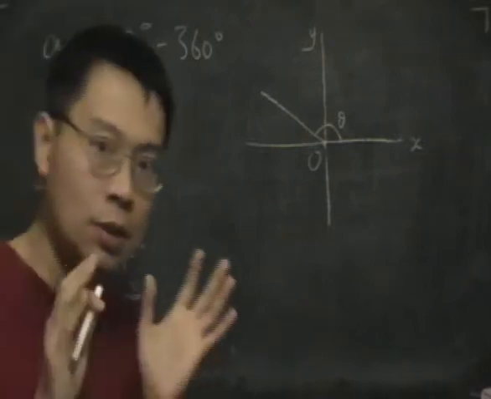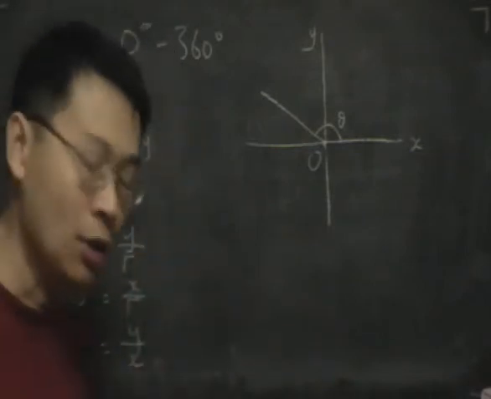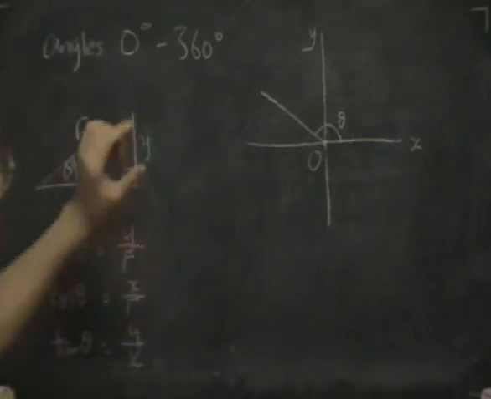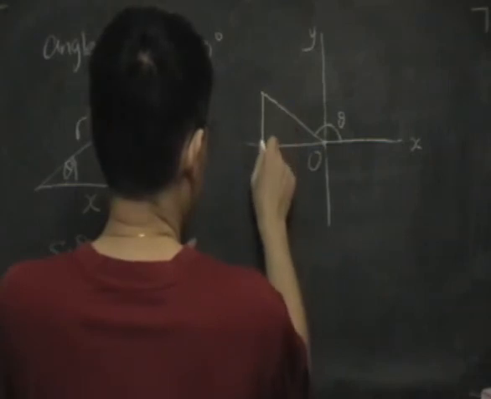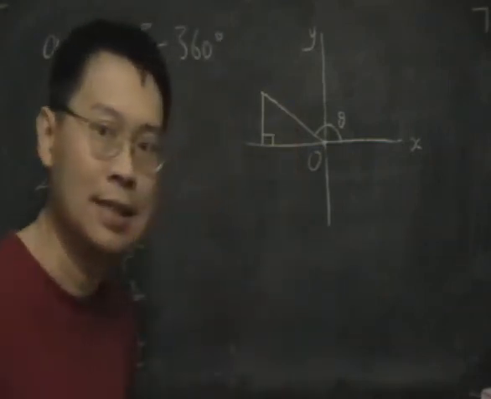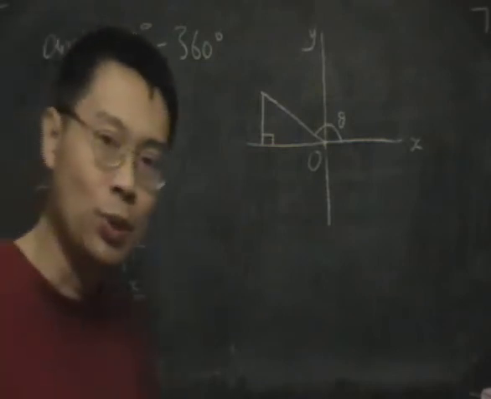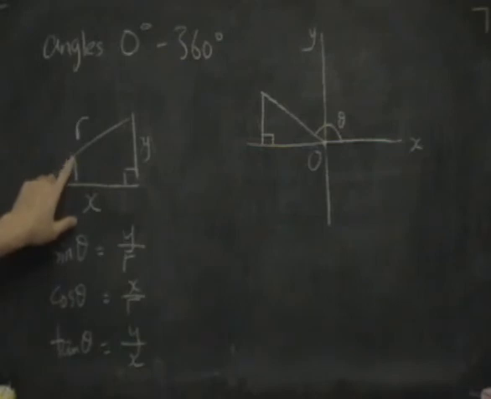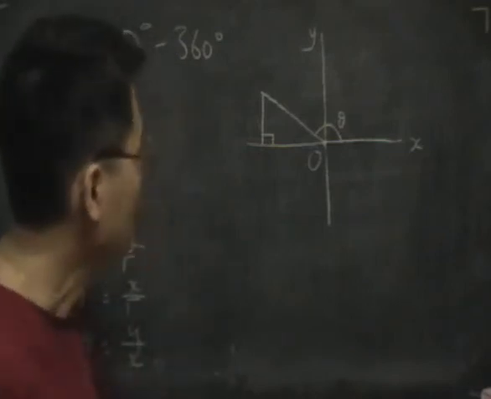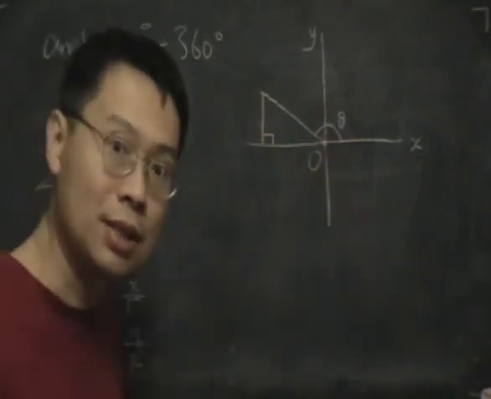The way to define a sine, cosine and tangent for such an angle is to draw the right angle triangle there. We cannot draw a right angle triangle that has an angle that is more than 90 degrees. So we are simply drawing the right angle triangle on the other side of the graph.